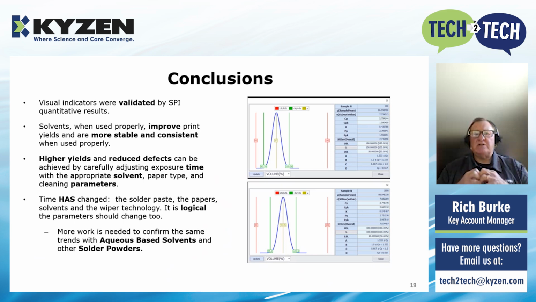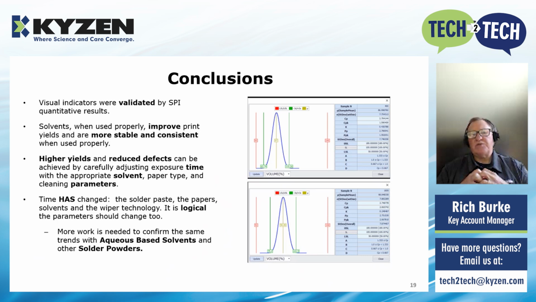It shows us that solvents, when properly used, do in fact improve the print yields and result in a more stable and consistent process. Higher yields and reduced defects can be achieved when we carefully adjust the exposure time with the appropriate solvent, paper, and cleaning parameters.